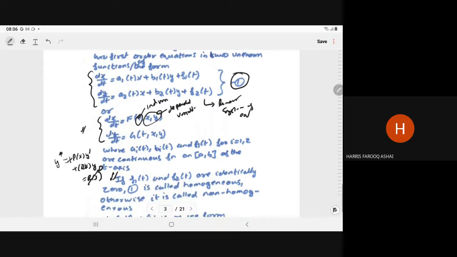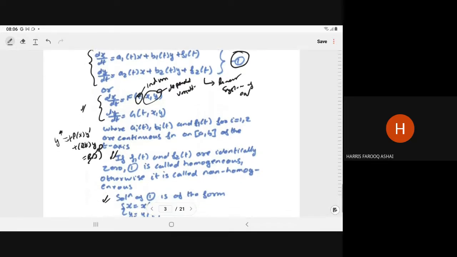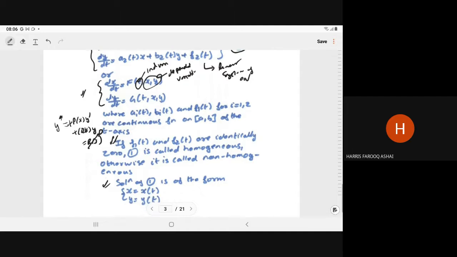If f1 and f2 are identically 0, then we say it is a homogeneous system of equations, otherwise non-homogeneous. Let us assume that the solution is x = x(t) and y = y(t), meaning x and y are functions of the independent variable t.